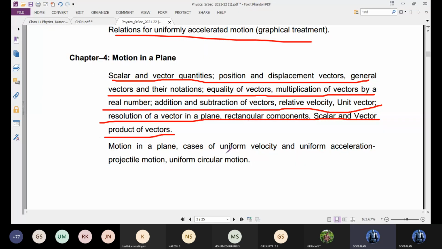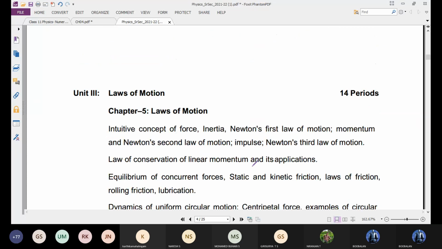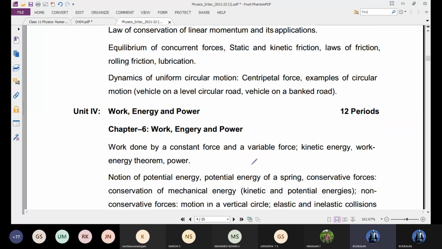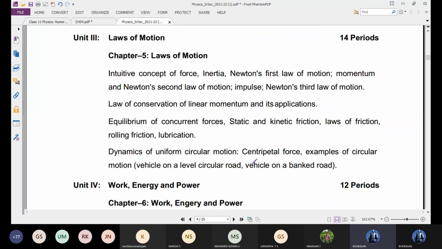Motion in a plane, uniform acceleration, projectile motion, uniform circular motion. Okay, so this general we want to discuss.